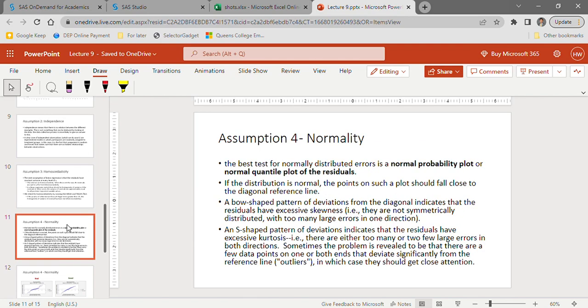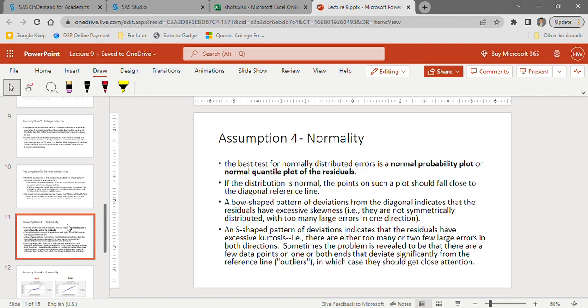The fourth is normality, okay? And in class, we had asked, hey, listen, what are all those pretty figures that SAS generates for us right over here, right? Some of those figures are known as the normal probability plot, or a PP plot, or a normal quantile plot of residuals, or a QQ plot.